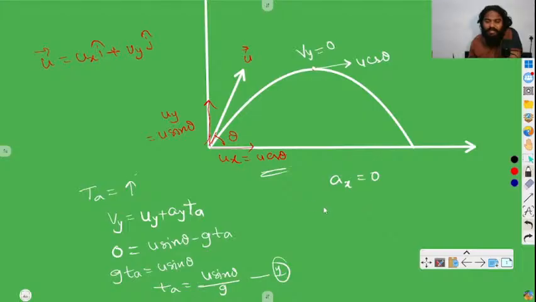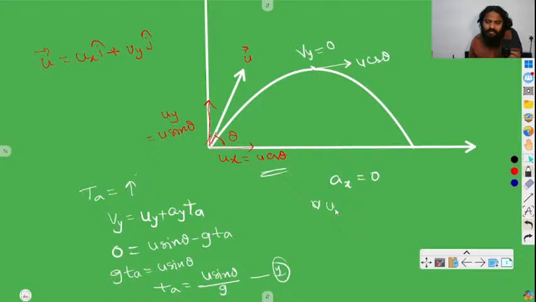Coming to time of descent, while falling down, what is the time of descent? The time taken by the object to strike the ground from the point of maximum height. At maximum height, Vy will become the initial velocity for the second half.